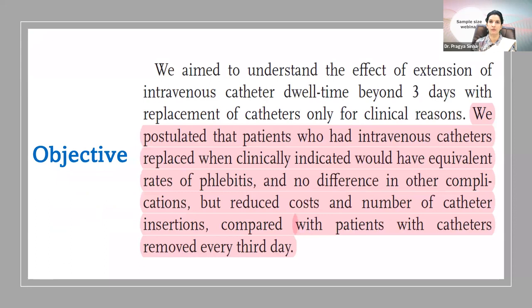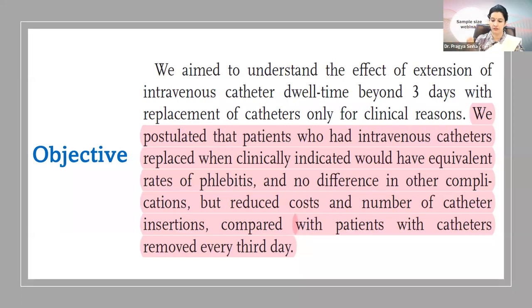The objective was, we postulated that the patients had the intravenous catheter replaced when clinically indicated. That means, when you replace the IV line every 3 days on a fixed interval or when clinically indicated, is there any difference between the rate of phlebitis?